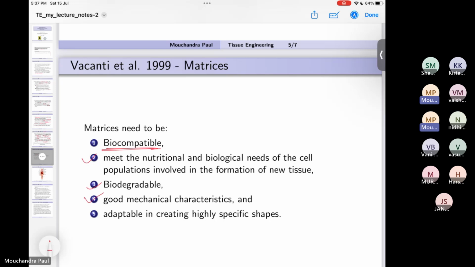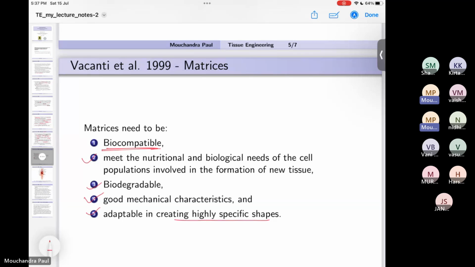Then it should also have good mechanical characteristics, I mean, the Young's modulus, etc. And the matrix that they're making should be adaptable in creating highly specific shapes specific to the injured area. So if you need a small matrix to fit a small size defect, then you should be able to make it.